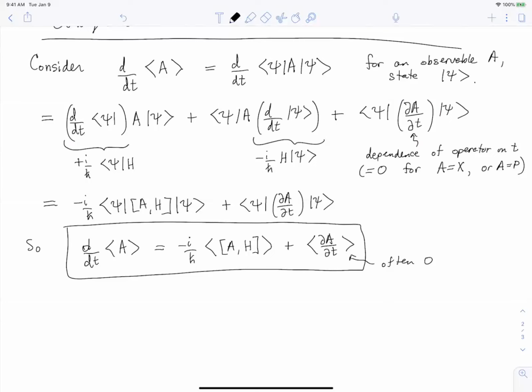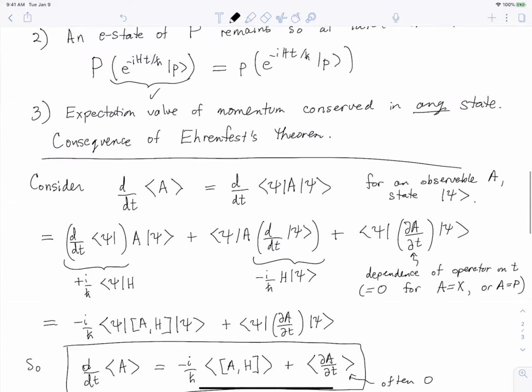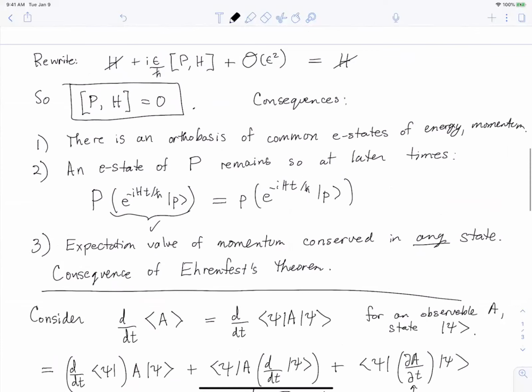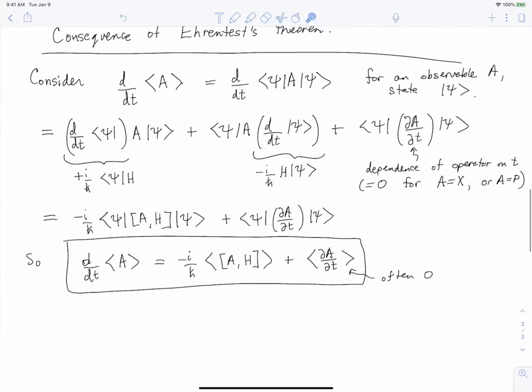All right, so this has more applications than just the one that we are dealing with immediately. The one that we're dealing with immediately was that if the system is invariant under translations, then A is the momentum operator. Okay, and we go back up to here. And that tells us that this term is going to be 0. This term will also be 0 because the momentum doesn't explicitly depend on time.